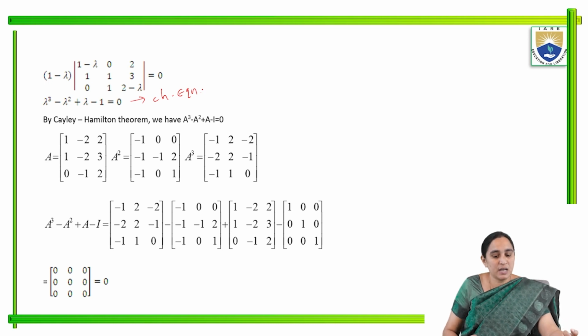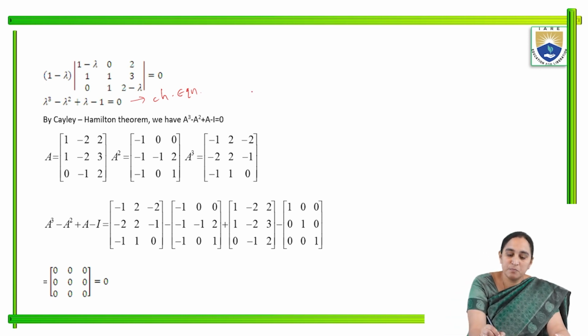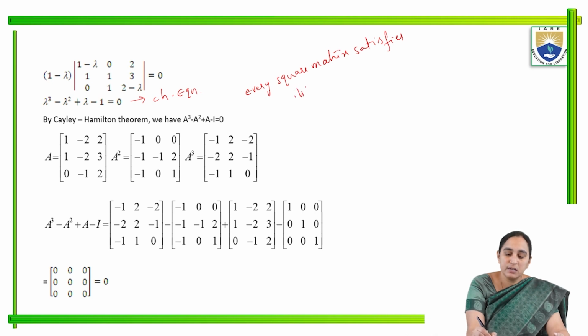We have to observe this after getting the characteristic equation through the Cayley-Hamilton theorem.